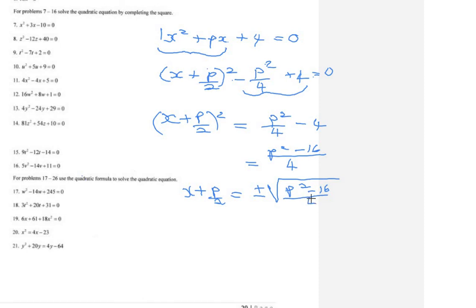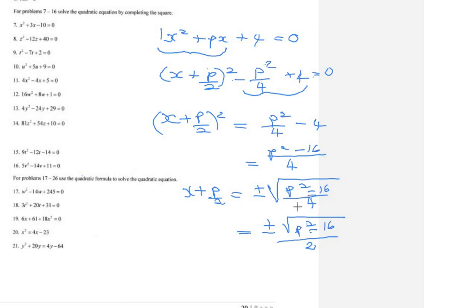Now remember, the square root of 4 is 2. So this is actually plus minus the square root of p squared minus 16 over 2.